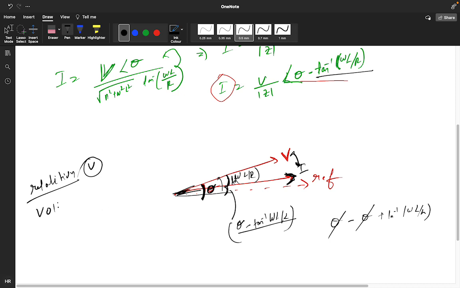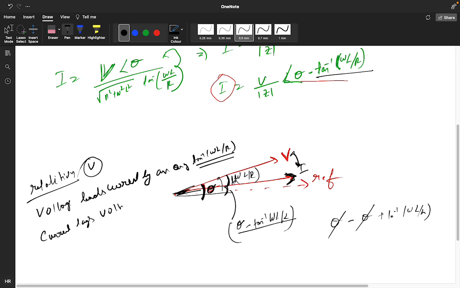So voltage leads current by an angle tan inverse omega L by R, and your current lags voltage by tan inverse omega L by R. This part is clear?